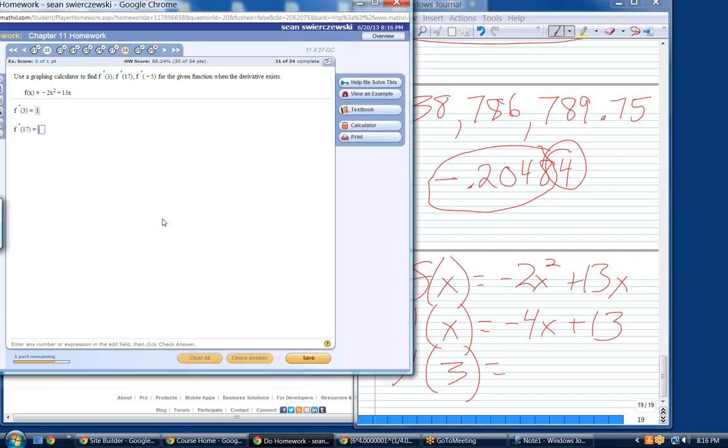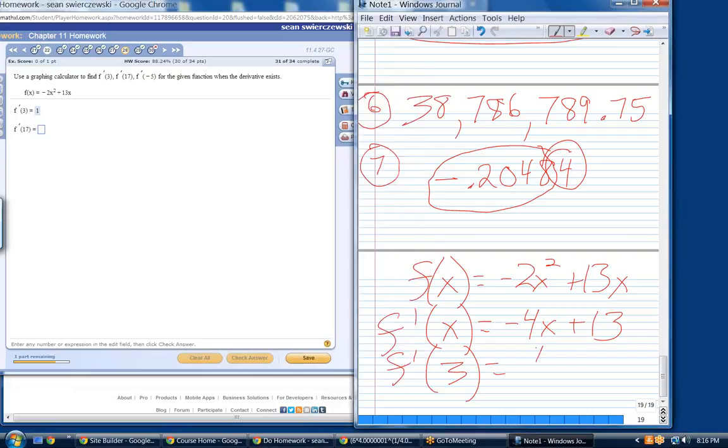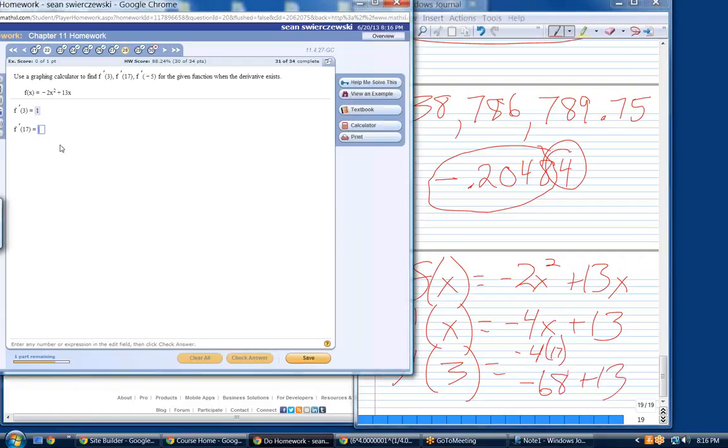And what is f prime of 17? That's negative 68 plus 13, negative 55. Negative 55, right? Yep. And minus 5.